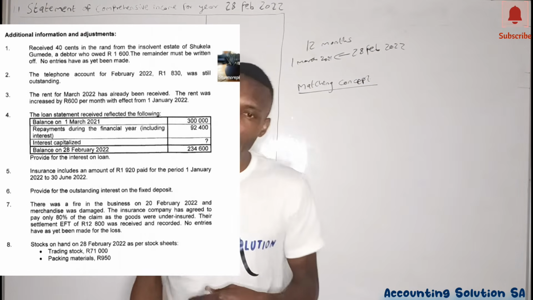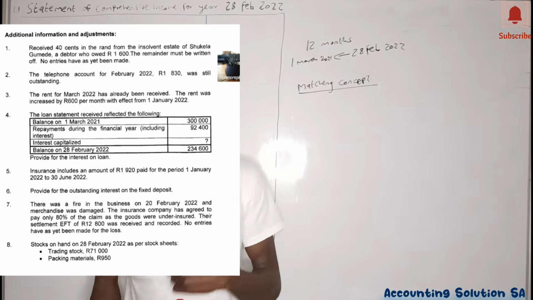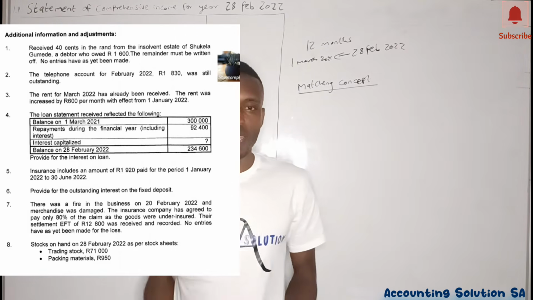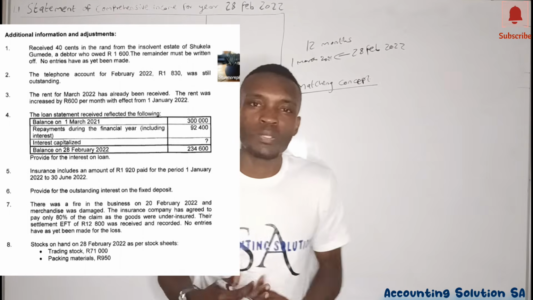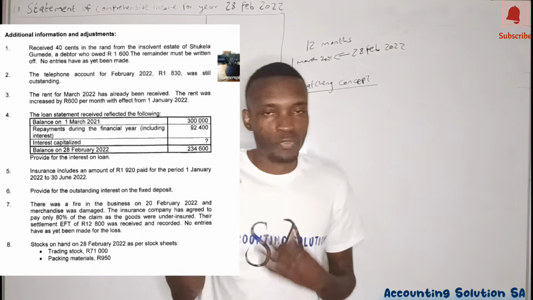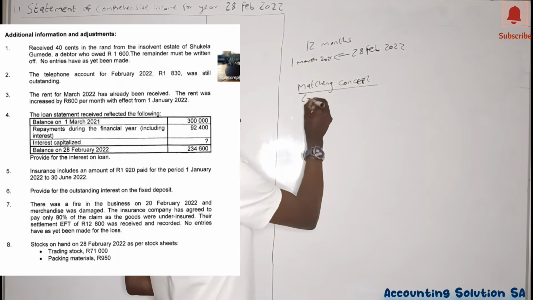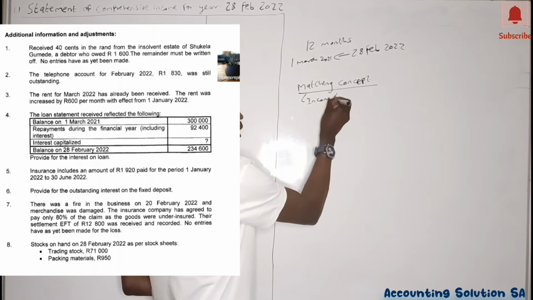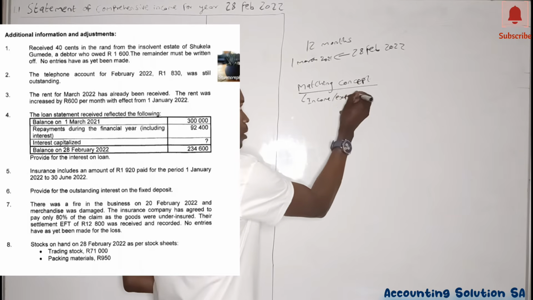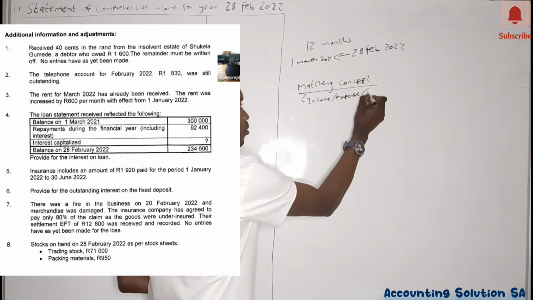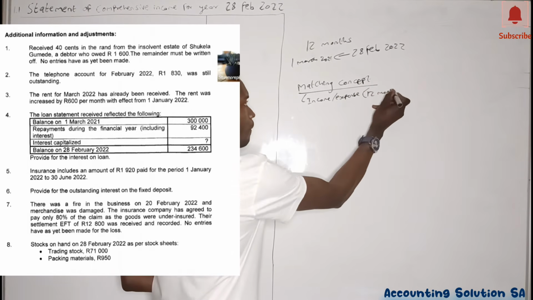Guys, this principle simply means that income and expenses must be recorded for a period of 12 months.